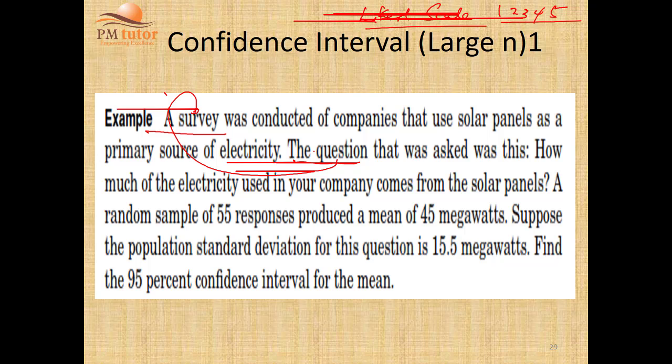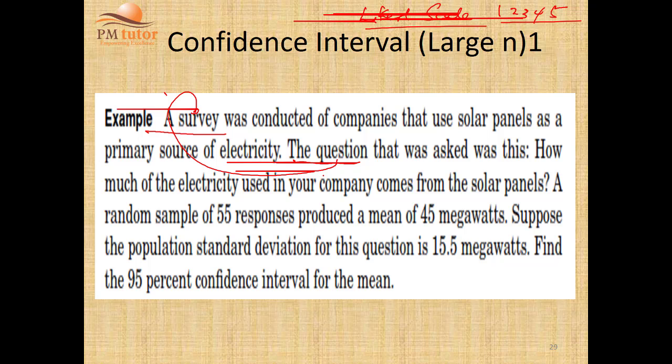So people can fill any amount they want.